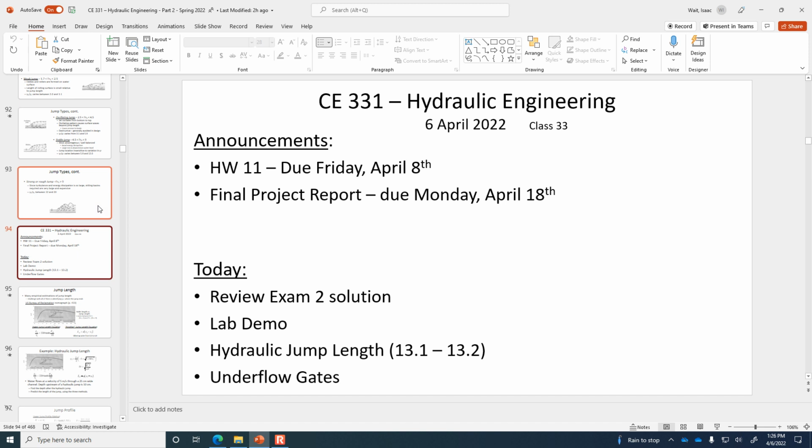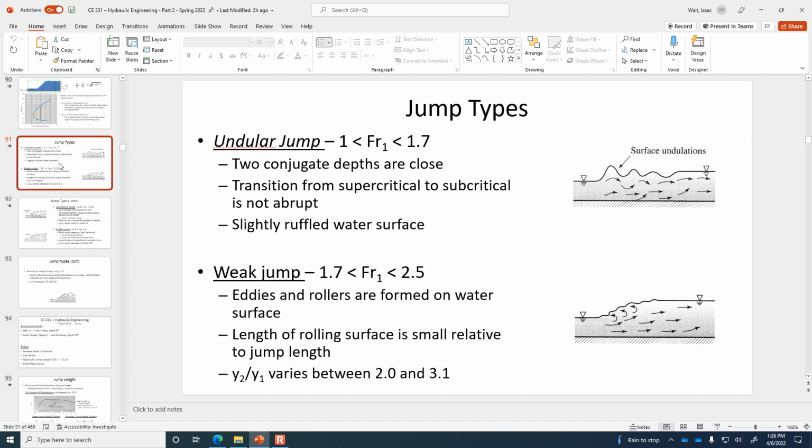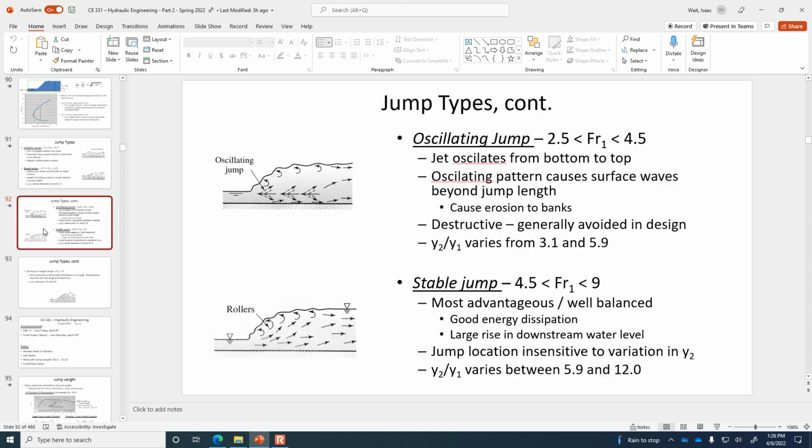Remember we looked at these different jump types in class on Monday, and just by adjusting the slope of the flume and adjusting the height of the gate, we might be able to induce an undular jump or a weak jump, but the ratio of the upstream and the downstream depths is pretty close together, and so it's just not as much to look at as if you're able to force it into a stable jump by putting this plastic plate downstream.